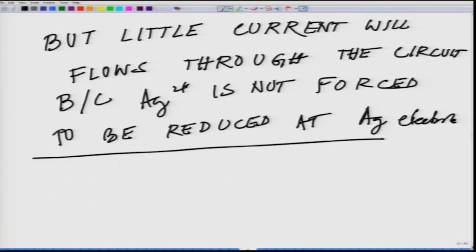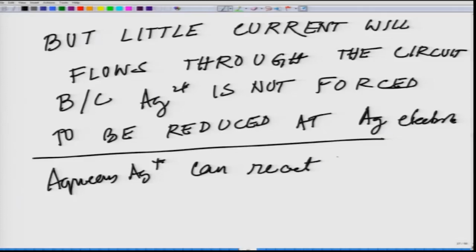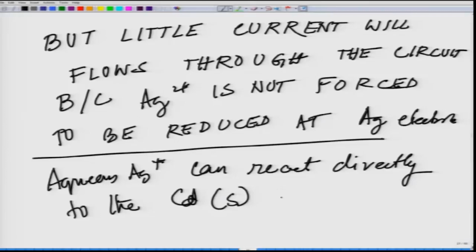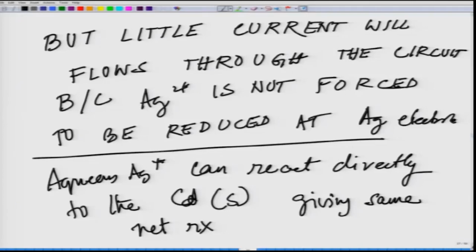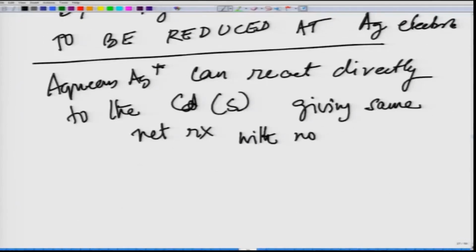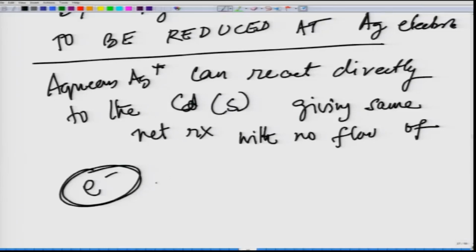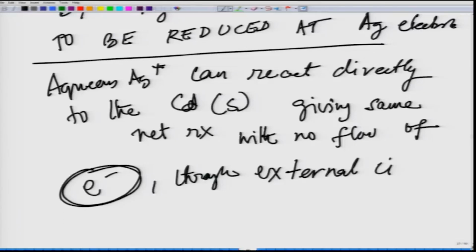Aqueous Ag+ can react directly on the cadmium solid surface, giving the same net reaction with no flow of electrons through the external circuit.